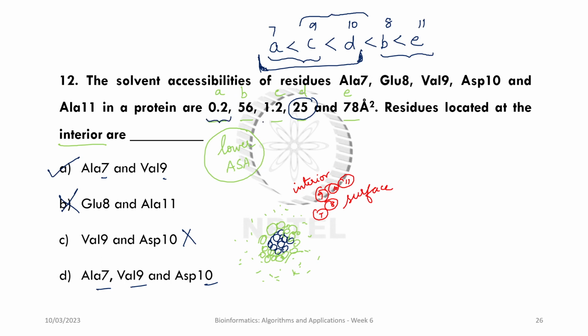When you're looking at 0.2 and 1.2 and 25, it's already an order of magnitude, I mean 10 times or 20 times more, right? Here you would say it is 100 times more if you compare it with A, and comparing it with C, it is already 20 times more. So for interior, I would go with option A and not C or D. Definitely not B, right?